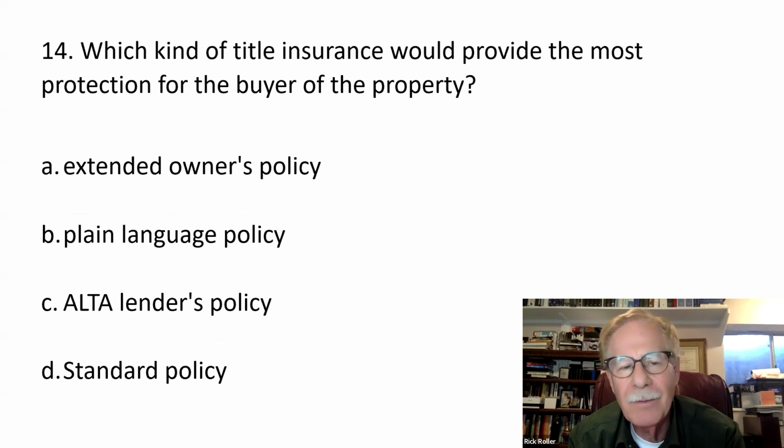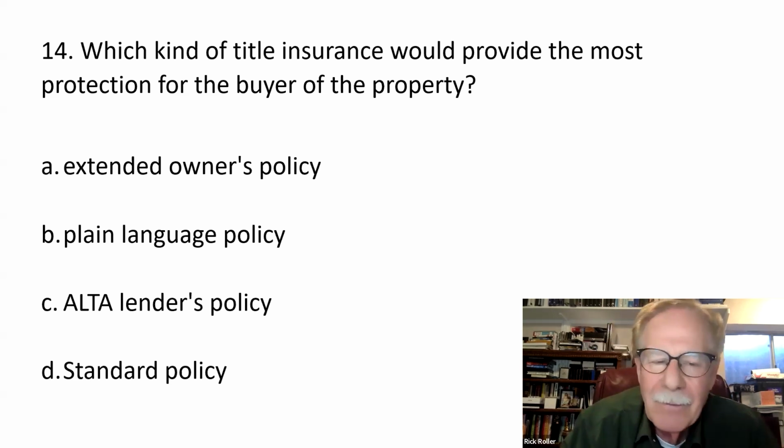Number 14, please. It says, what kind of insurance would provide the most protection for the buyer of the property? Protection from what? Well, from losses. And we're talking about not hazard insurance. We're talking about what? Title insurance. So different title insurance policies have different things that they cover.